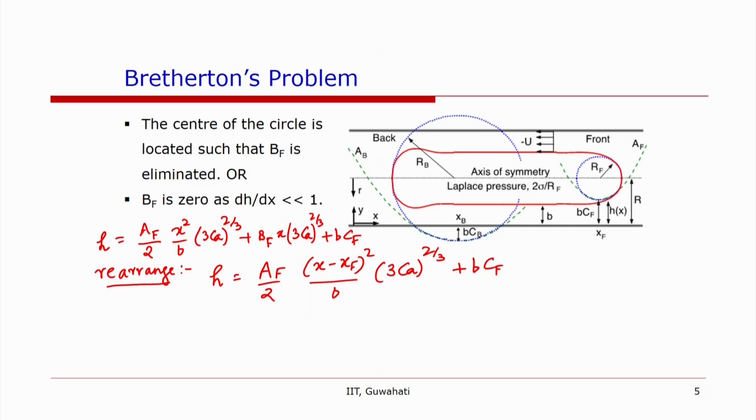What I have tried to do here is that we select xf such that bf is eliminated. That is what I have suggested here. The center of the circle is located such that bf is eliminated, or in this region a circle can be approximated by a parabola.